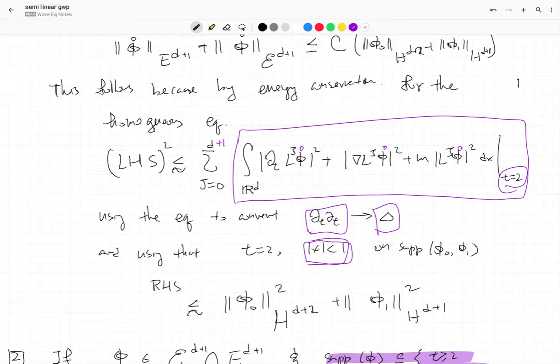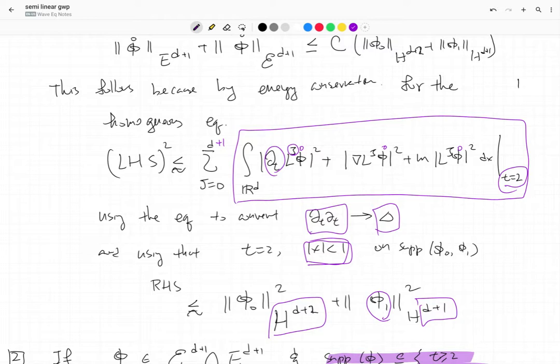Now, the maximum total number of derivatives is j plus 1, and j is at most d plus 1, giving d plus 2. So we have either d plus 2 purely space derivatives, or 1 time derivative and d plus 1 space derivatives. And so the right hand side is bounded by this up to some constant, a structural constant that we just absorb into some c.